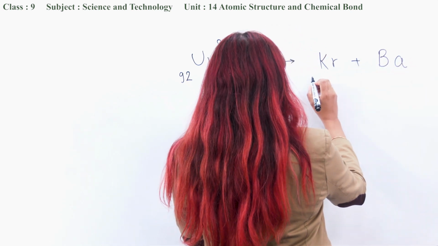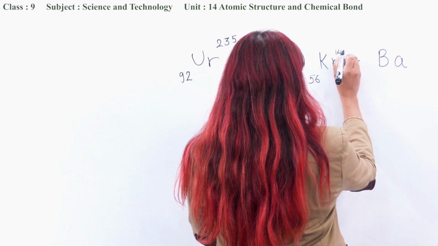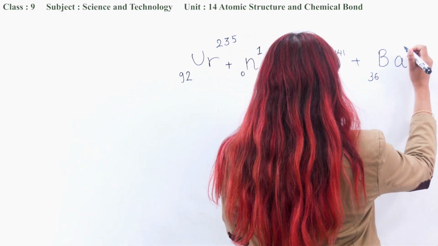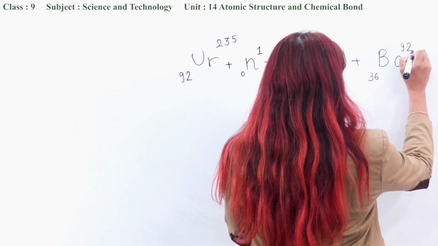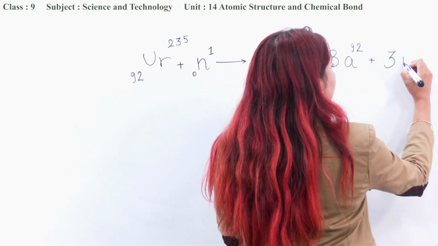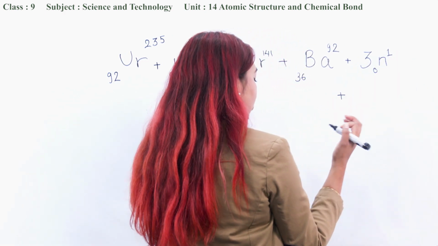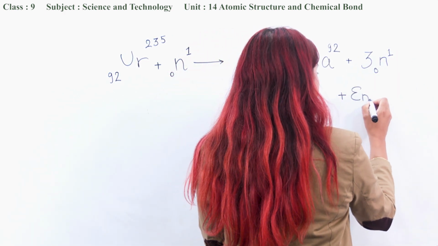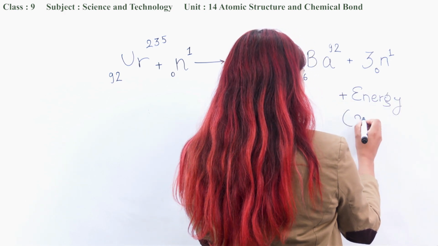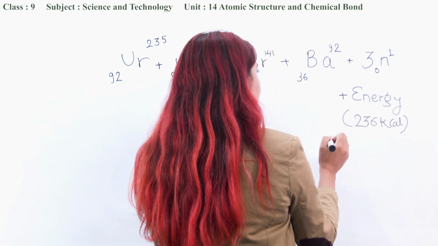Krypton has the atomic number 56 and atomic weight 141, and barium has atomic number 36 and atomic weight 92. There is a release of 3 neutrons as well, and a tremendous amount of energy, about 236 kilocalorie, is released.